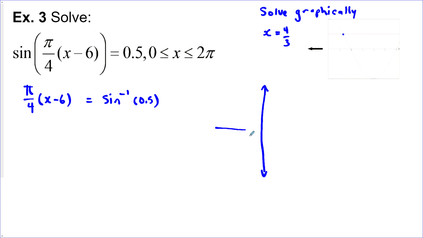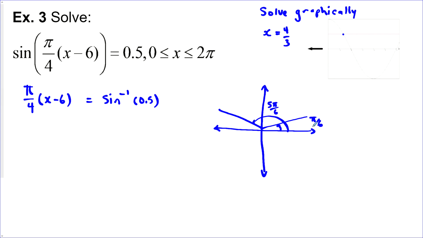If sine's ratio is positive, we're in quadrant 1 or quadrant 2. We have a reference angle of pi over 6, or 30 degrees. So this one would be pi over 6, and this, in standard position, would be 5 pi over 6.